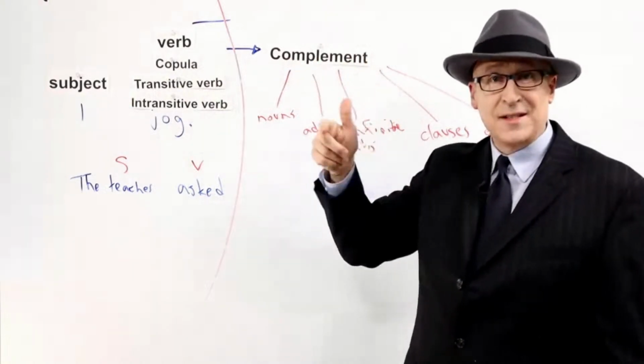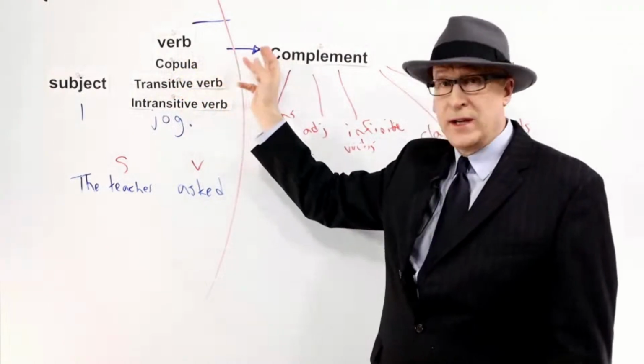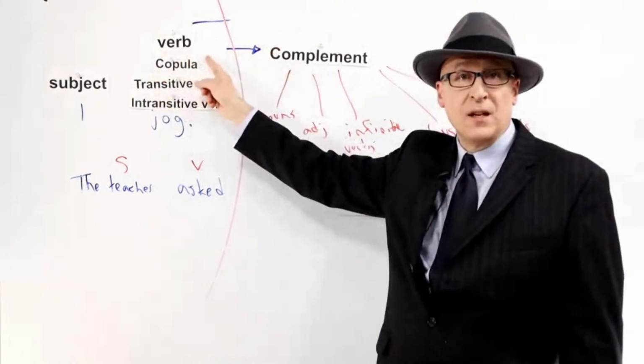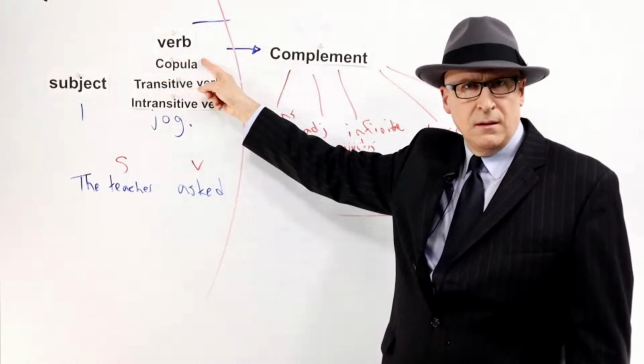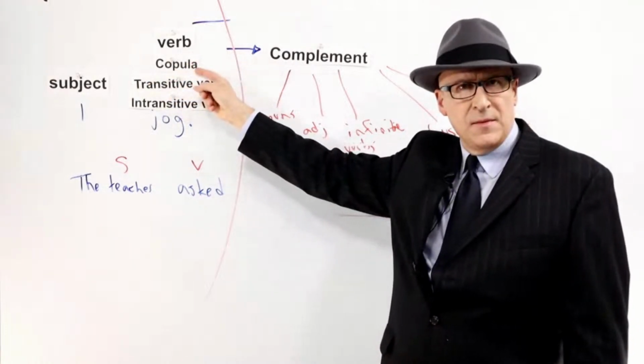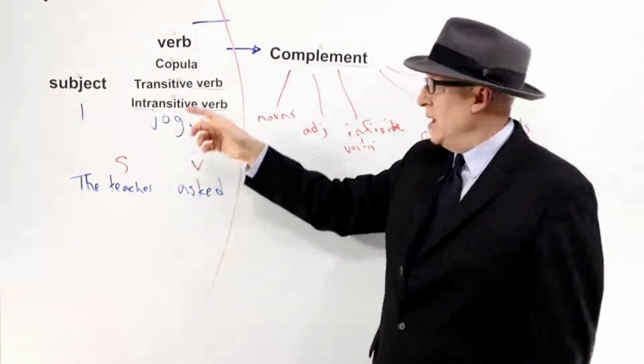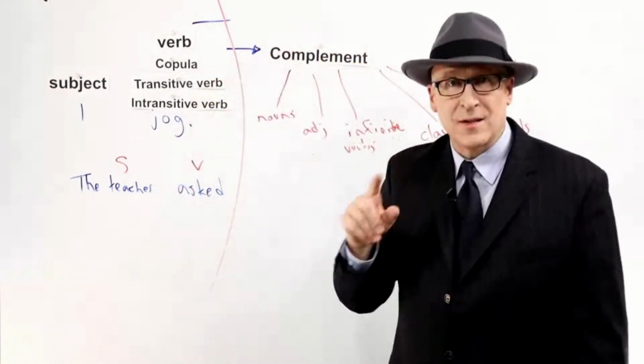Paul is happy, an adjective. After a copula, we can put a noun or an adjective. Paul seems like a teacher. Paul seems happy. Nouns or adjectives.